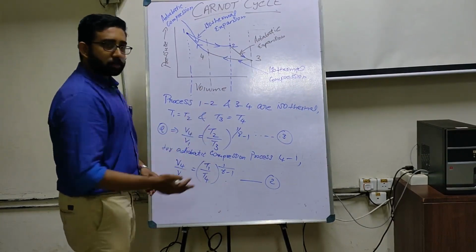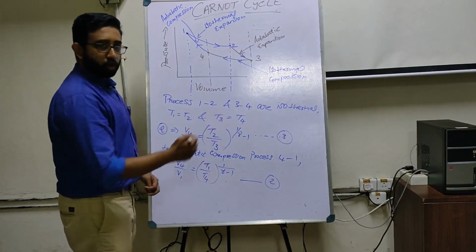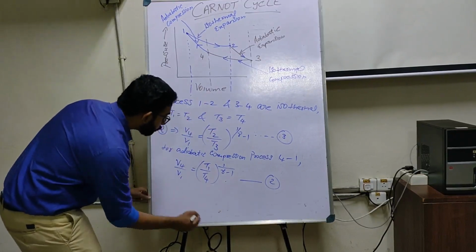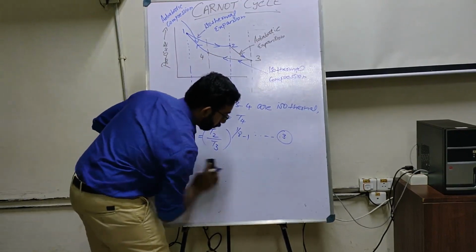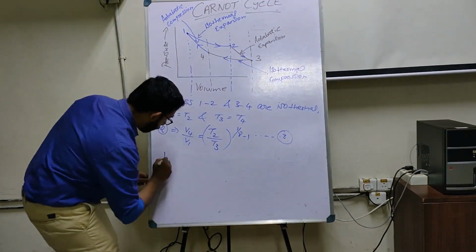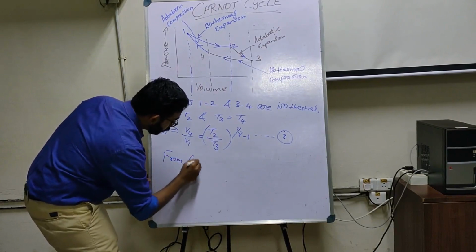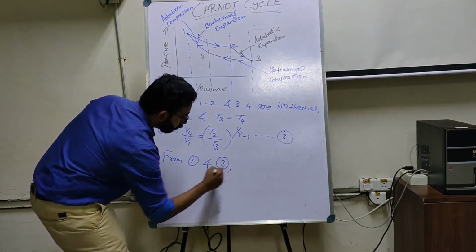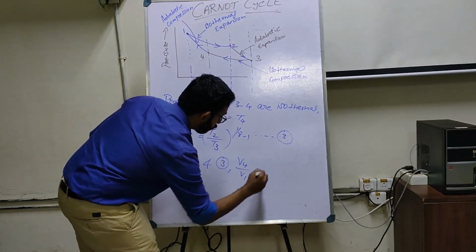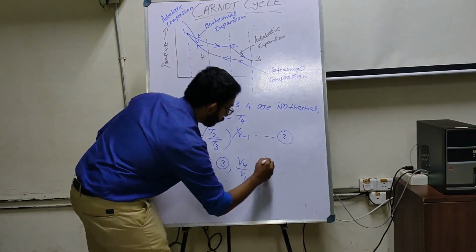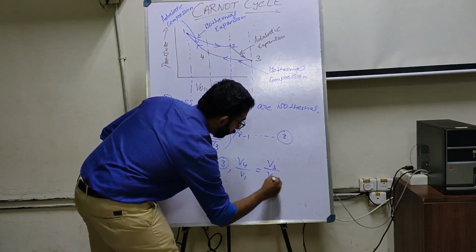So here, since the RHS are the same, the LHS should also be the same. So from equation 1 and equation 3, V4 by V1 is equal to V3 by V2.